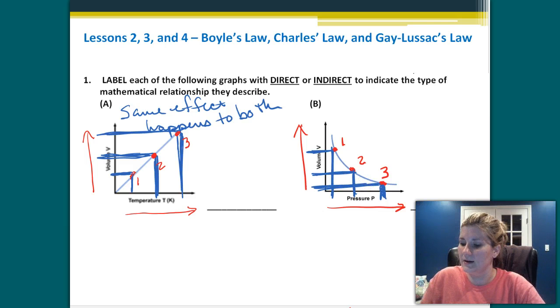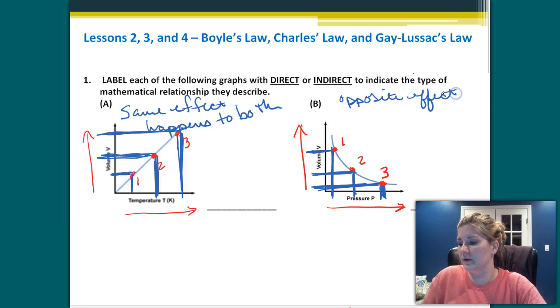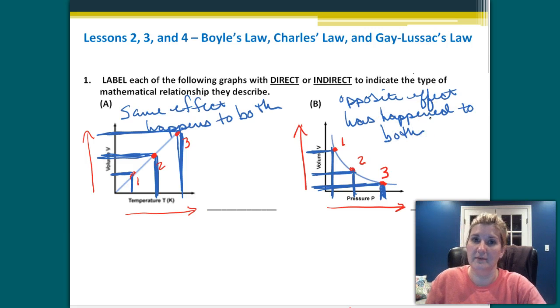So what has happened here is that the opposite effect has happened to both. So now it's a matter of knowing what's what and how this matches, how this works.